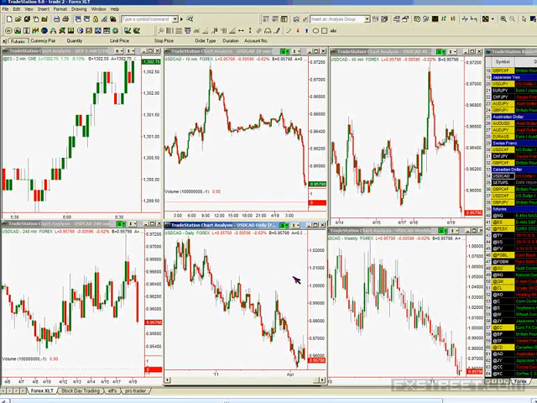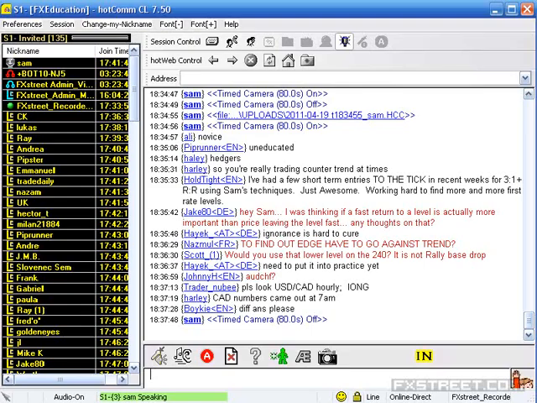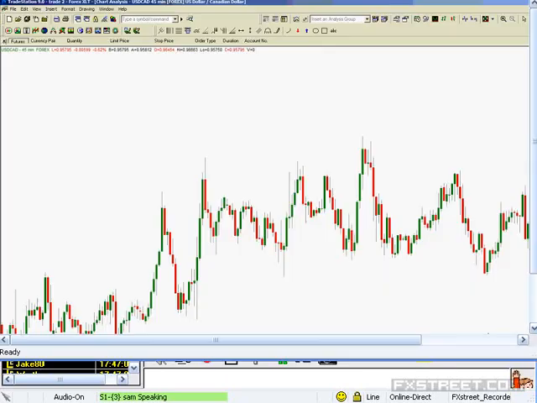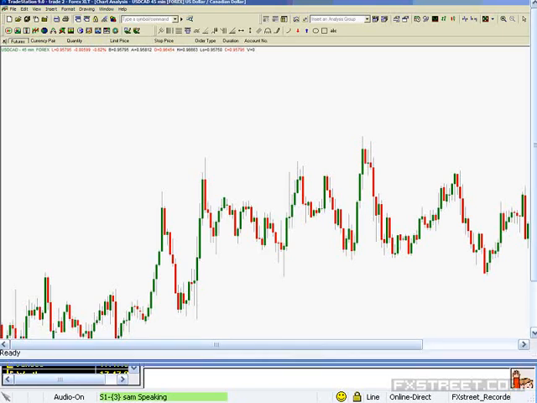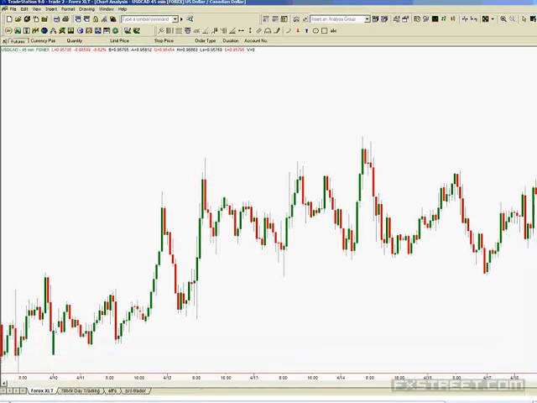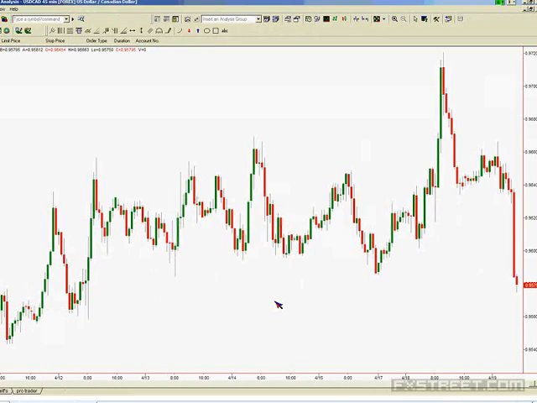So this thing's obviously in a bigger picture downtrend. The key here is selling rallies to big key supply levels. But let's see what we can find here. Okay, let's go down to this time frame right here. Let me blow this up and I'll capture the screen again for you.